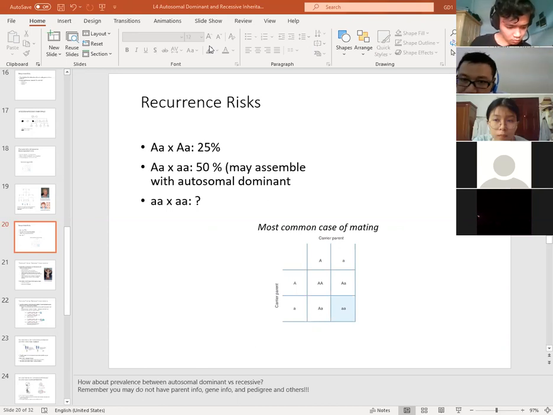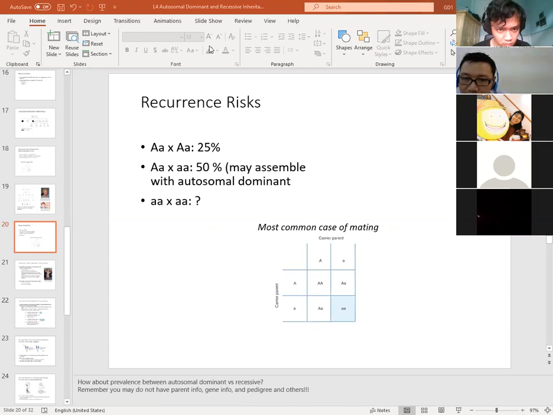Recessive. And why? You mean prevalence means being common? Yes.